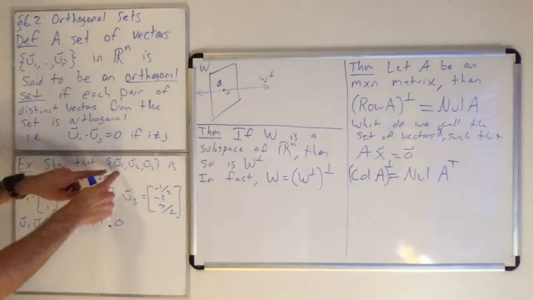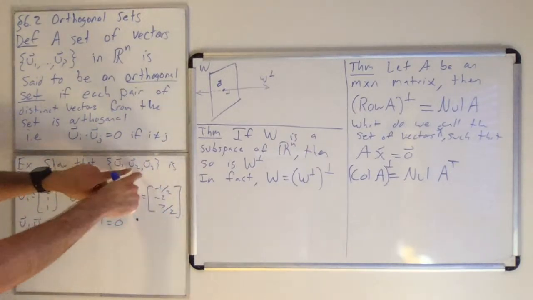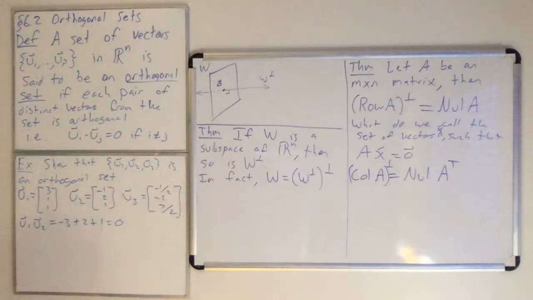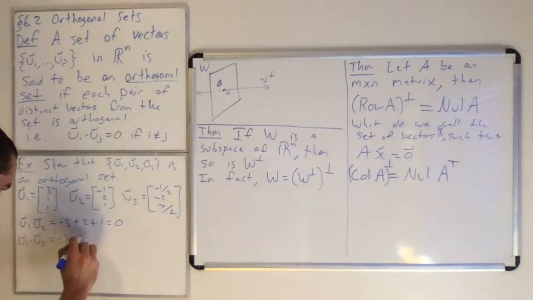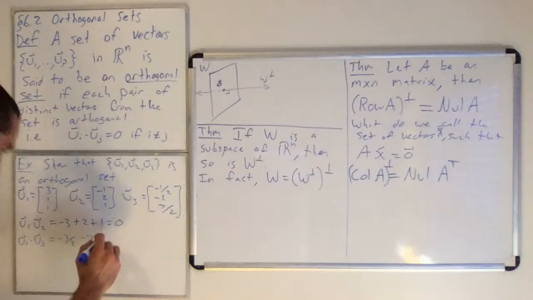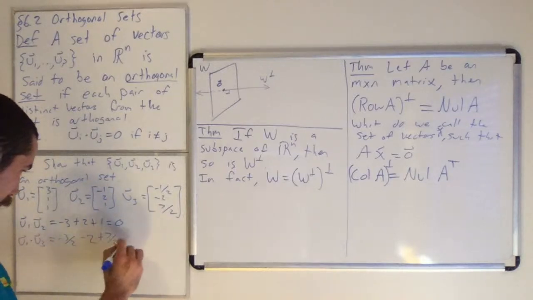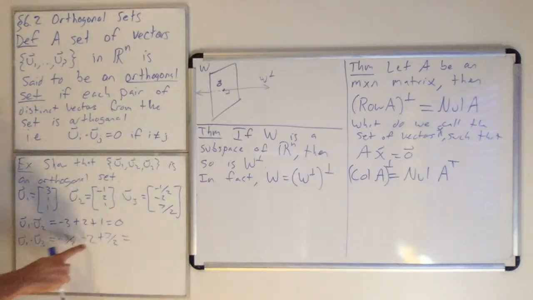So let's start by doing U1 dotted with all the other vectors, and then we'll do U2 dotted with all the other vectors. That's a way to guarantee we hit every vector. So U1 dotted with U3 is equal to minus 3 halves, minus 2, plus 7 halves. Minus 3 halves, minus 4 halves, plus 7 halves is 0.